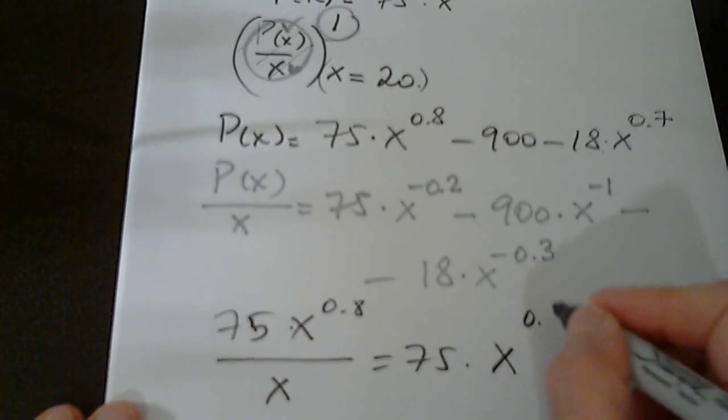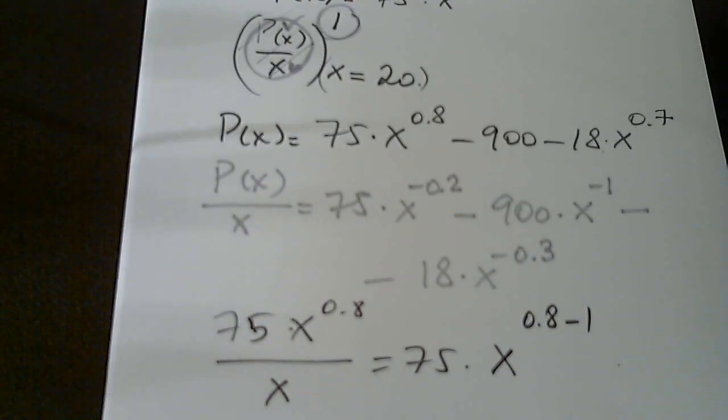Copy the base, subtract the exponents. And 0.8 minus 1 is negative 0.2. If you have the time to review the last lesson, I had another example. Okay, I'll look back at the videos.